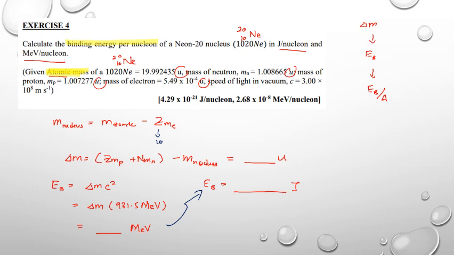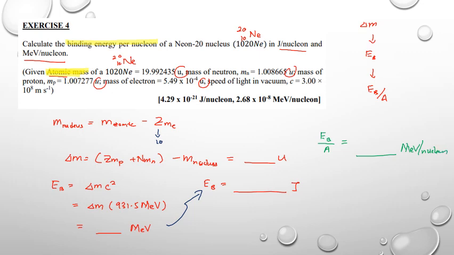Once you have EB in MeV and EB in joule, you can then calculate EB over A. If you use the EB in MeV, then this one would be MeV per nucleon.